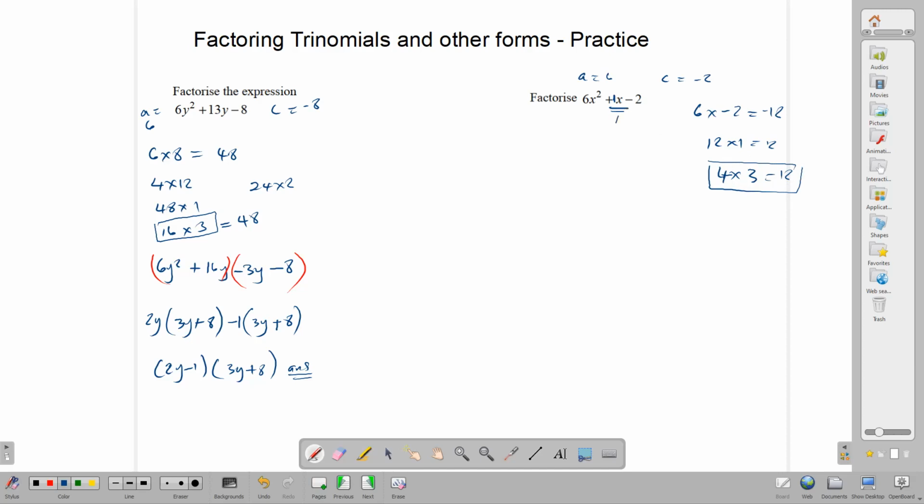So we are going to rewrite our 1x in terms of these two numbers, writing it as 6x squared plus 4x minus 3x minus 2. And notice that this 1x is broken now into 4x minus 3x. 4x minus 3x is still 1x. Now that we have done that, we are going to group and factor.